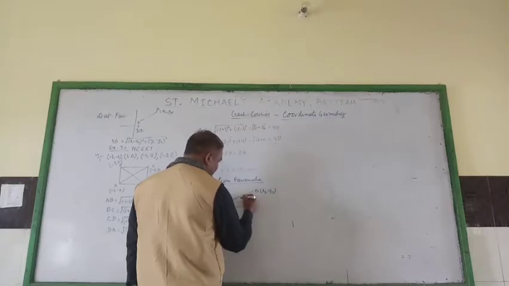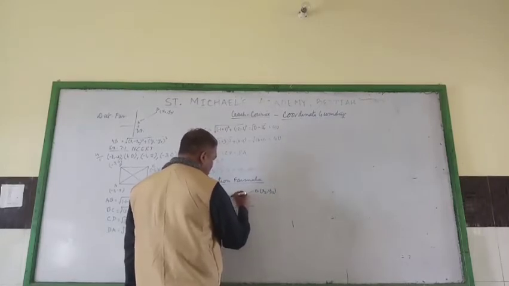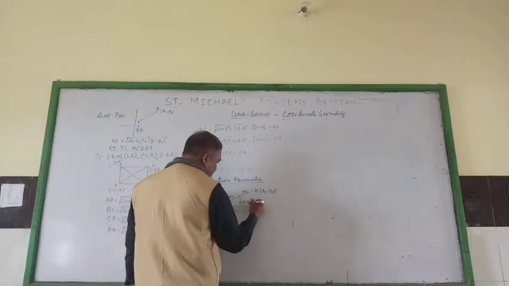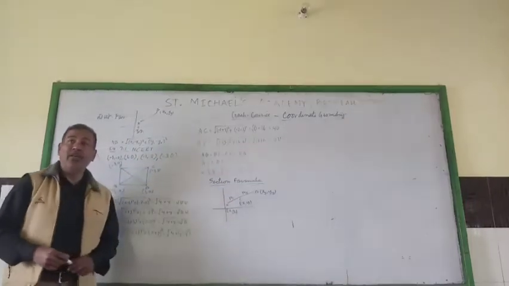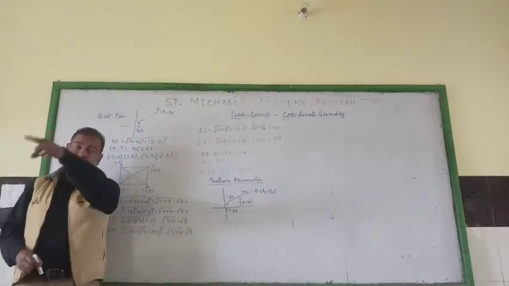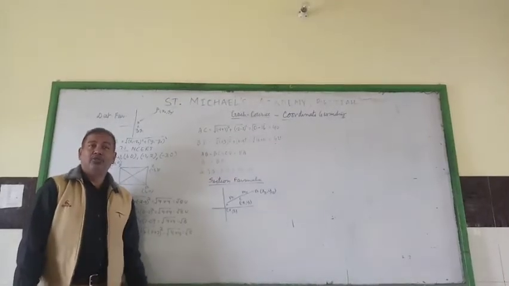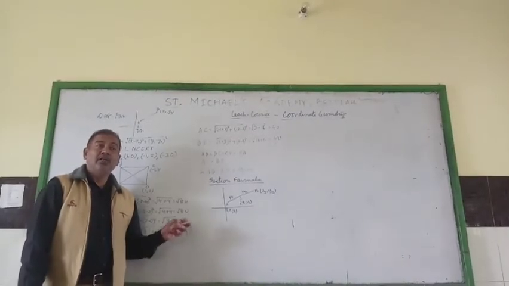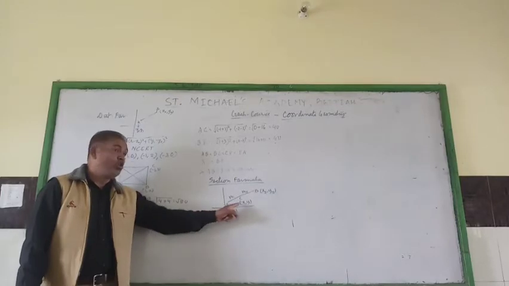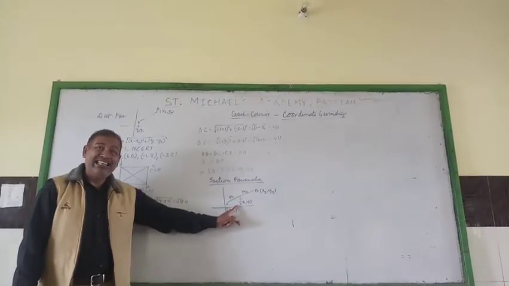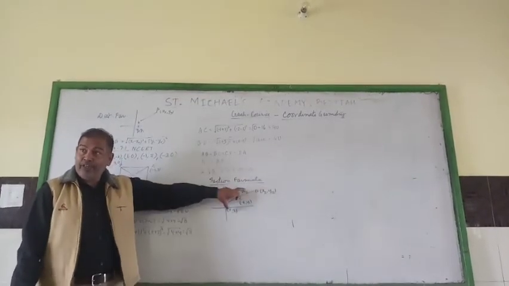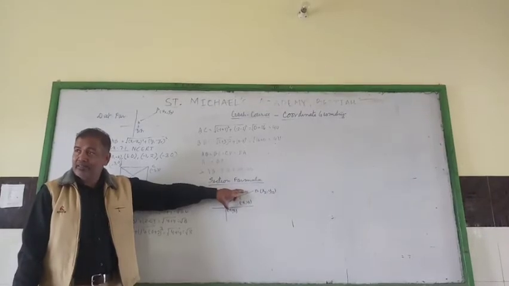If it is divided by a point C in the ratio m1 and m2, then how will you find the coordinates of that intersecting point? So this section formula gives us the formula to find the coordinate of the intersecting point which divides a given line of which the coordinates are given.